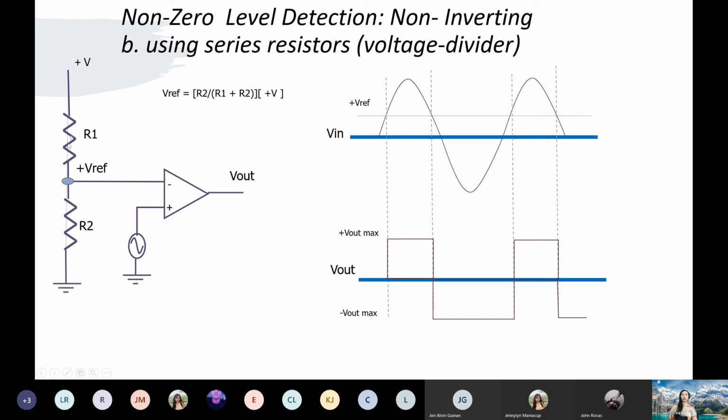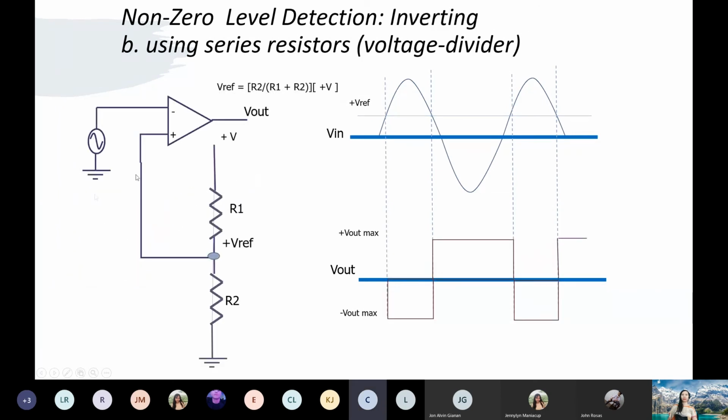Since R1 and R2 are connected, how are they connected with respect to the positive voltage, class? Series, ma'am.